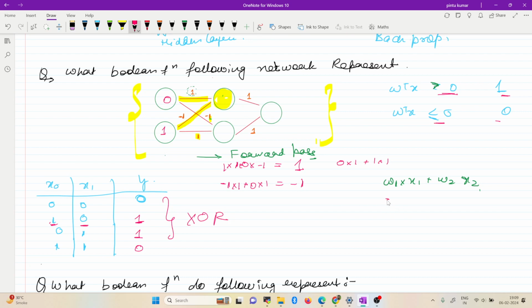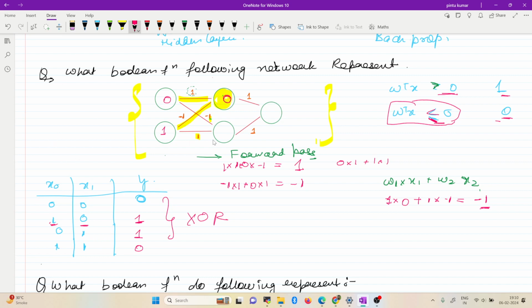This is 1 multiplied by 0, the weight multiplied by the input, plus now this is 1 into minus 1. What is the final value? Minus 1. Now we have a rule. What value would our perceptron output? This minus 1 is less than or equal to 0, so it will output 0. This is the rule that we have made. So the output of this one would be 0.